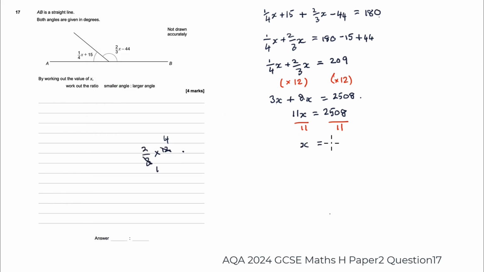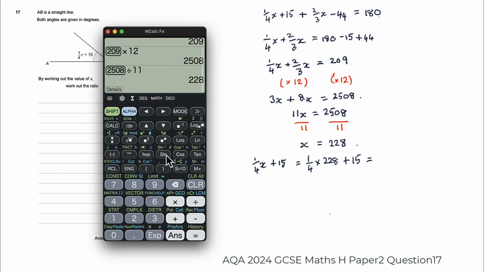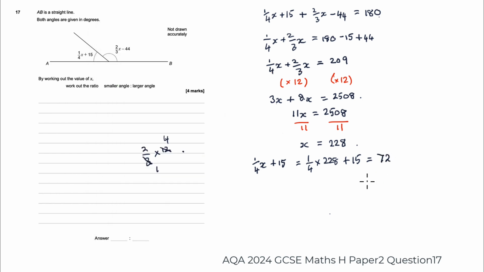So x equals 228. Now that would allow us now to find this smaller angle. That's 1/4 x plus 15 will give us 1/4 of 228 plus 15. So we take that answer and divide it by 4. That's 1/4 of 228, then add 15. So we get the smallest of the two angles being 72.